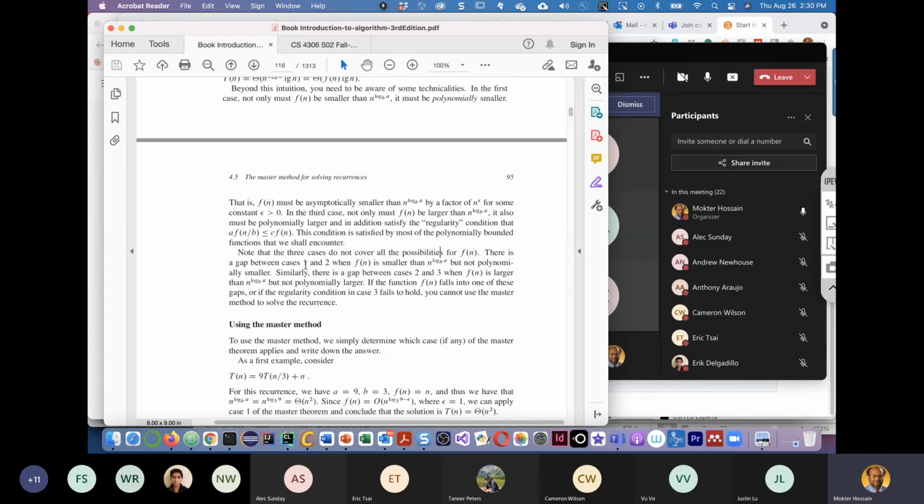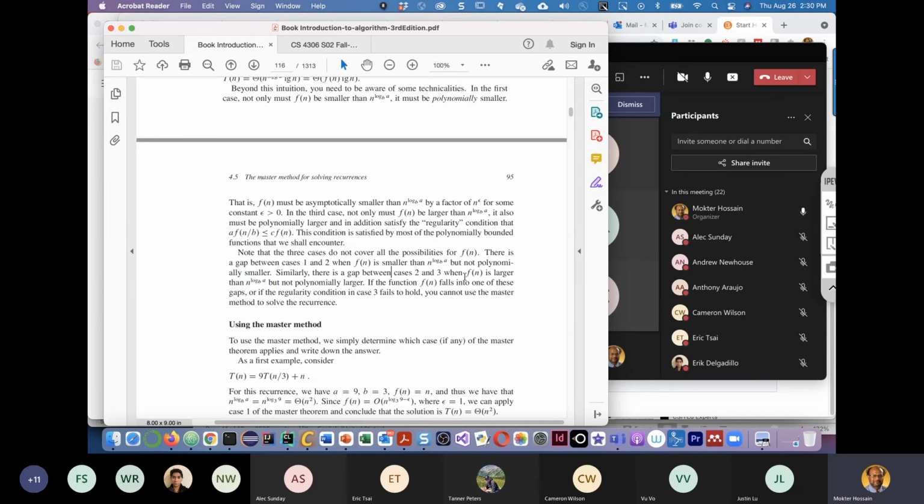The gap between 1 and 2 is when f(n) is smaller than this one, but not polynomially smaller.